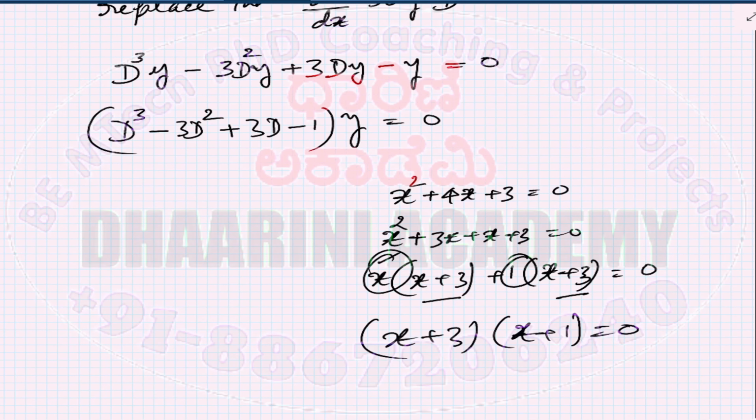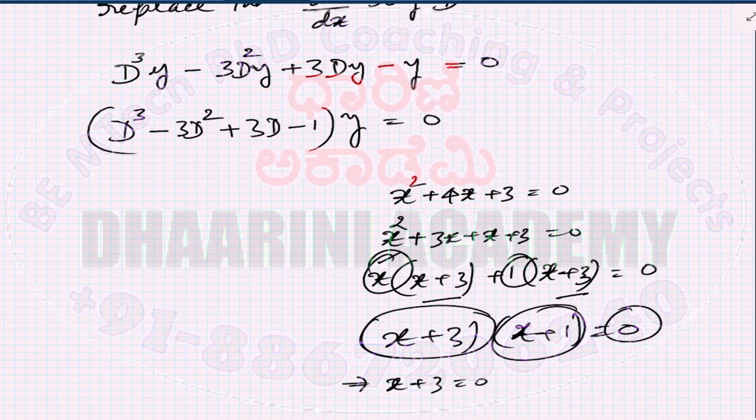I'll tell you the other method after this. Now this is manual calculation, not using any of the equations. If this is the case, your answer will be either x plus 3 equal to 0, I am trying to equate this to 0, or my other option is to equate x plus 1 is equal to 0.